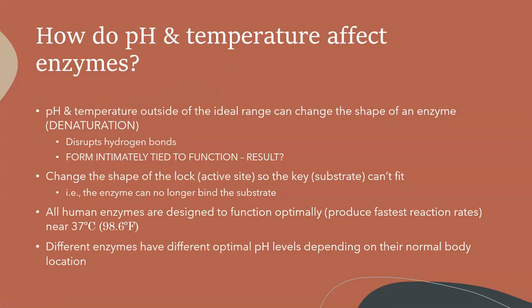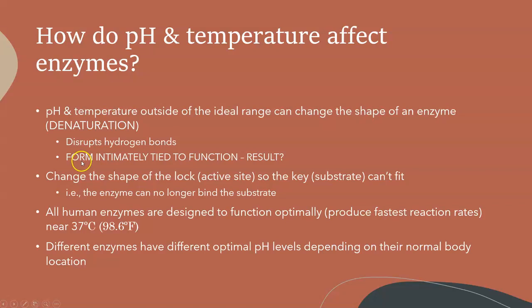So how do changes in pH and temperature affect enzymes? Well, every enzyme will exist in an ideal range for both pH and temperature, and any change outside of that ideal range will change the shape of an enzyme. We call this denaturation.